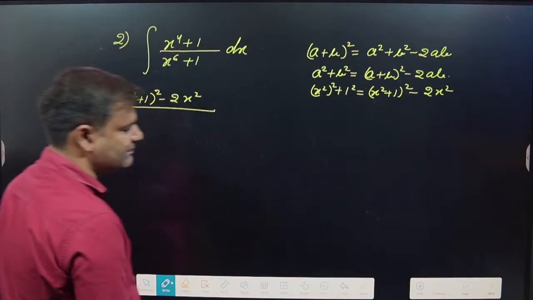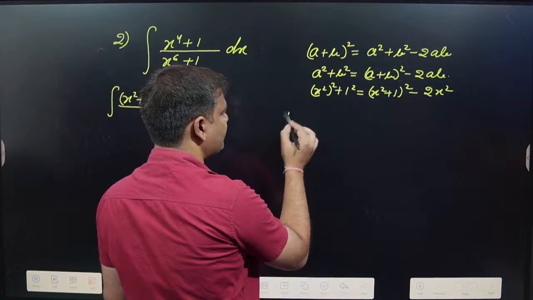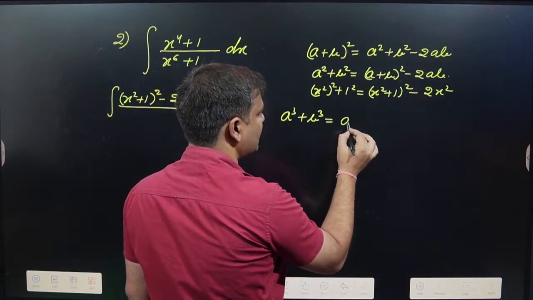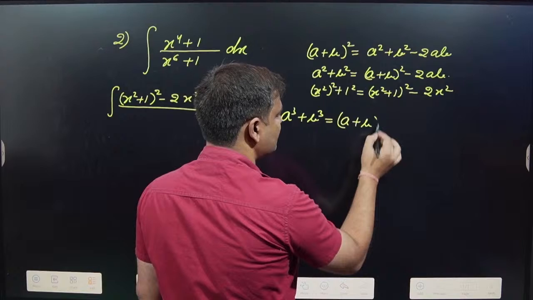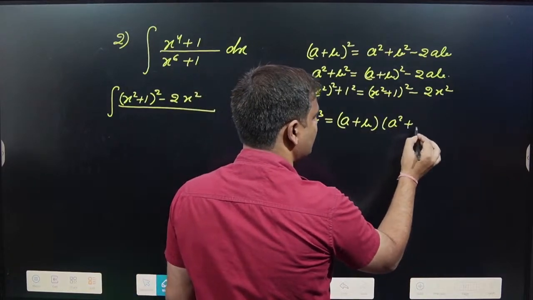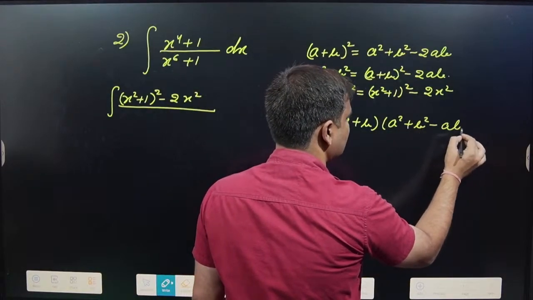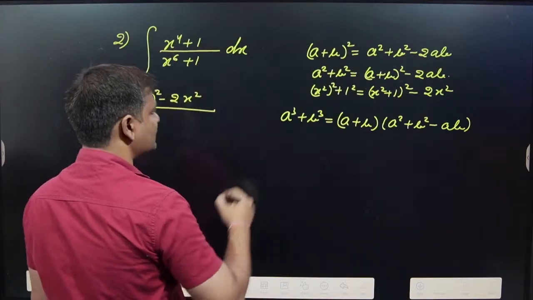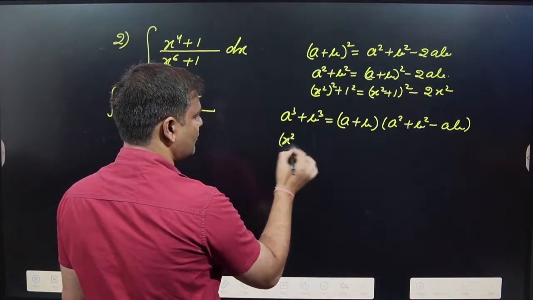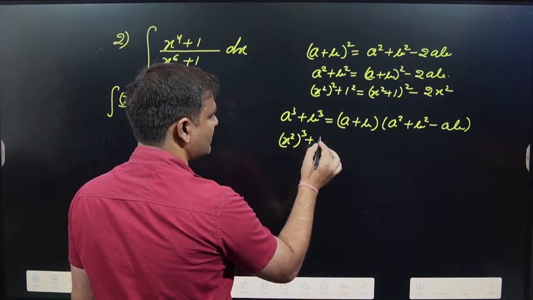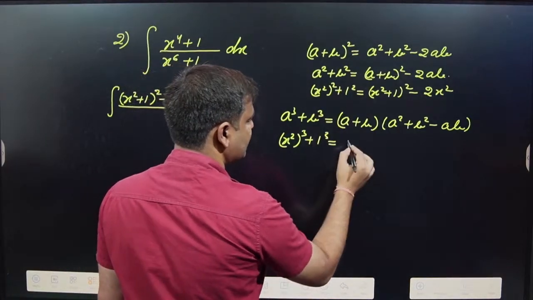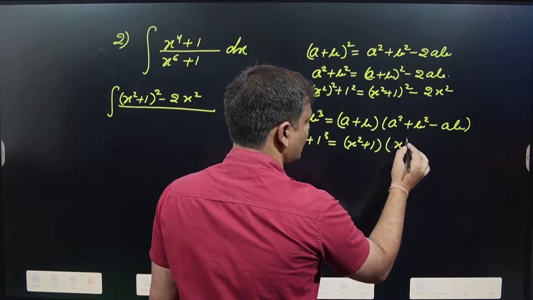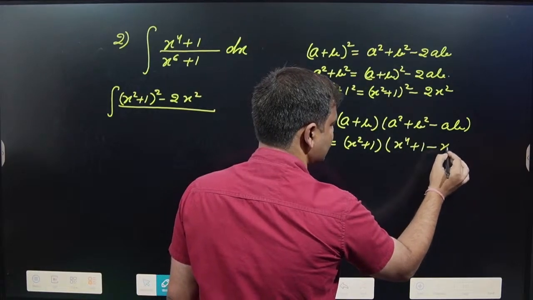x to power 6 plus 1. Look here, a cube plus b cube is written as a plus b into a square plus b square minus ab. So here x square to the whole cube plus 1 to the whole cube is written as x square plus 1 into x to power 4 plus 1 minus x square.